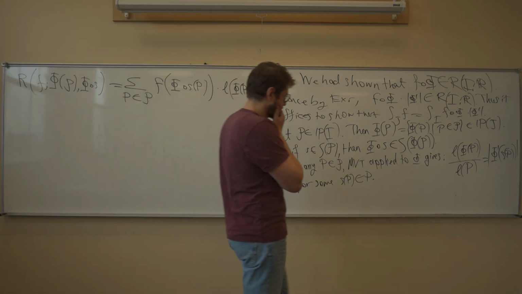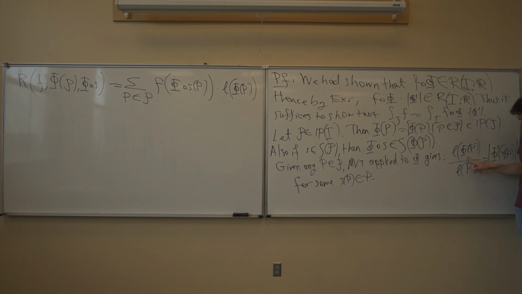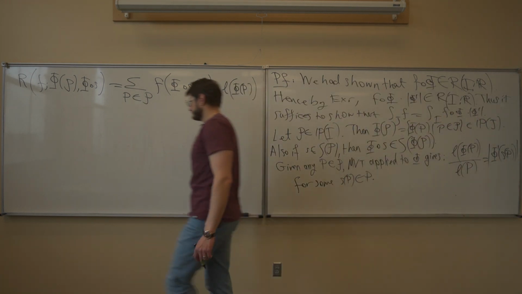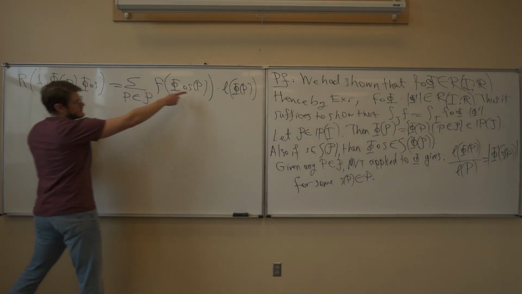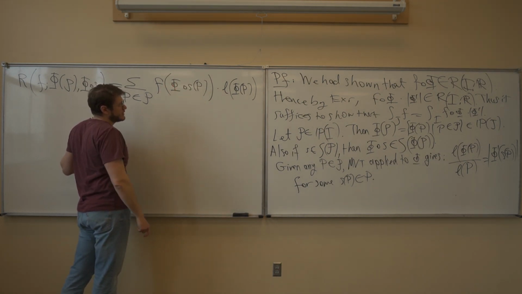Okay. So I can replace this numerator here, which I see over there as well, by length of P times the distortion. And instead of writing this like this, I can compose F with phi and evaluate it at S of P.